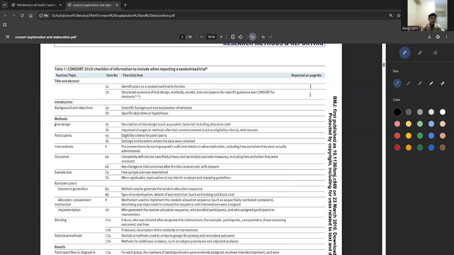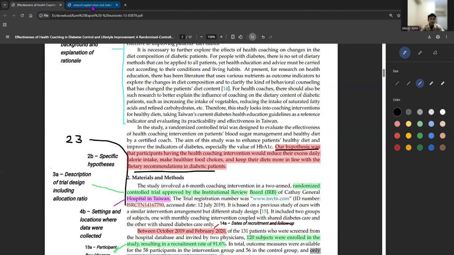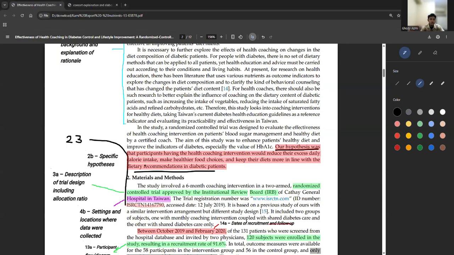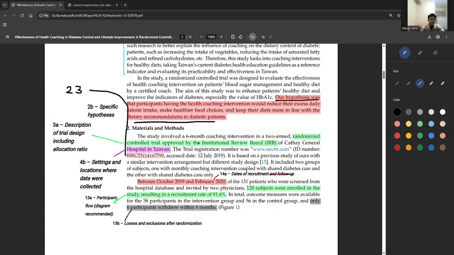And then in section 3 we have methods, which is trial design. This has 3a and 3b. First, 3a is description of trial design, such as parallel, factorial, including allocation ratio. So the design is this study involved a 6-month coaching intervention in a two-arm randomized controlled trial approved by the Institutional Review Board, or IRB.